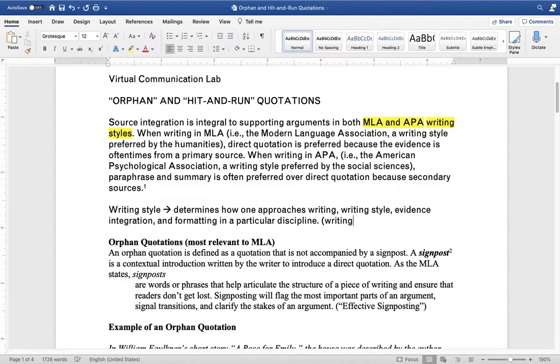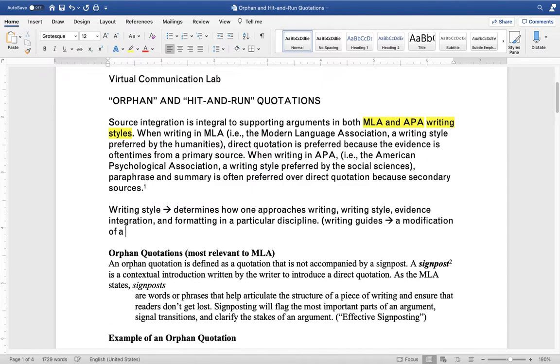Sometimes they're called writing guides, but a writing guide is slightly different from a writing style. A writing guide is usually a modification of a writing style, often seen in journals, where if you're publishing a peer-reviewed article, each journal will have its own writing guide with things you need to do in order for them to even look at it, and it has to follow certain rules.